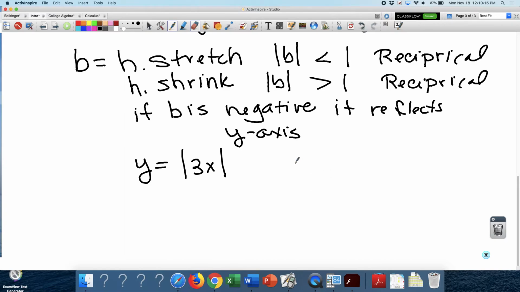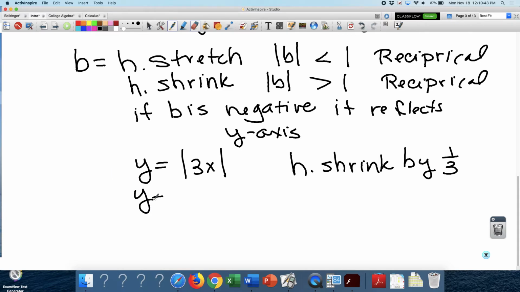You can't shrink by 3. Everything shrinks by half or by 1/4. So you shrunk by 1/3. It's always going to be a fraction. You're going to flip it.